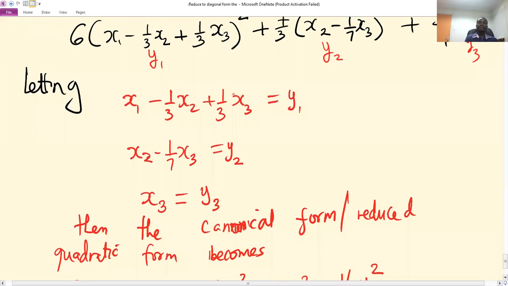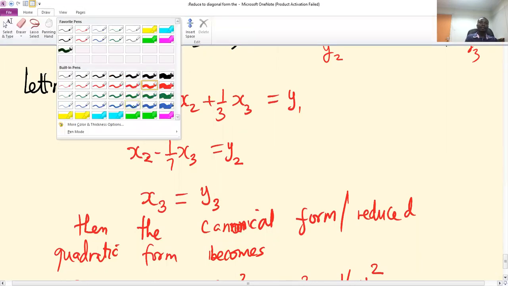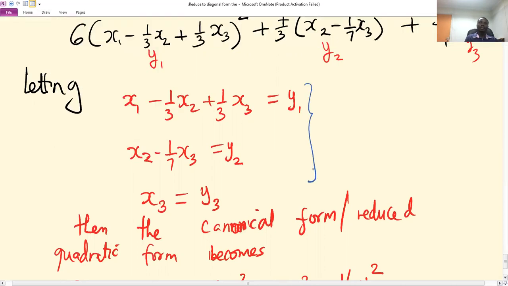And you see in this transformation, this implies that x3 is y3. And then x2, take this one to the right, will be y2 plus 1/7 y3.